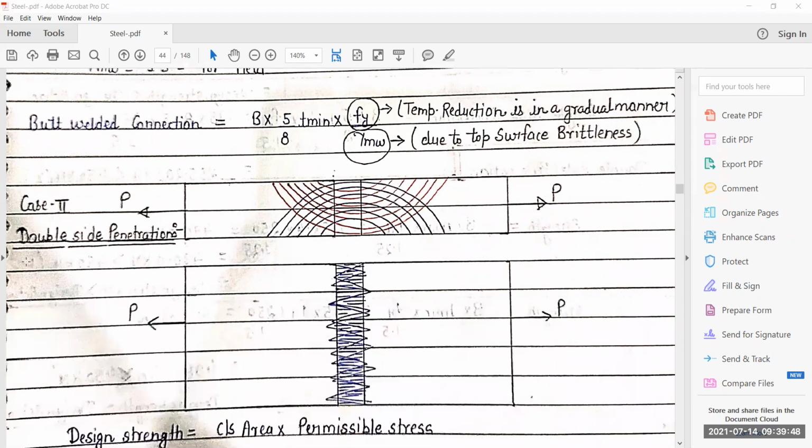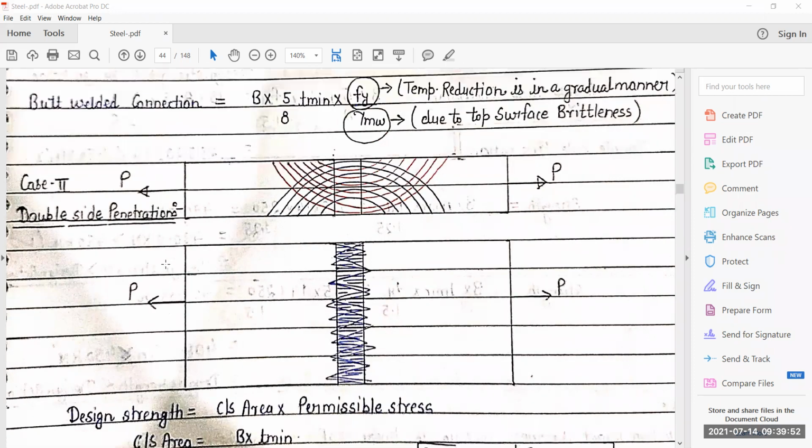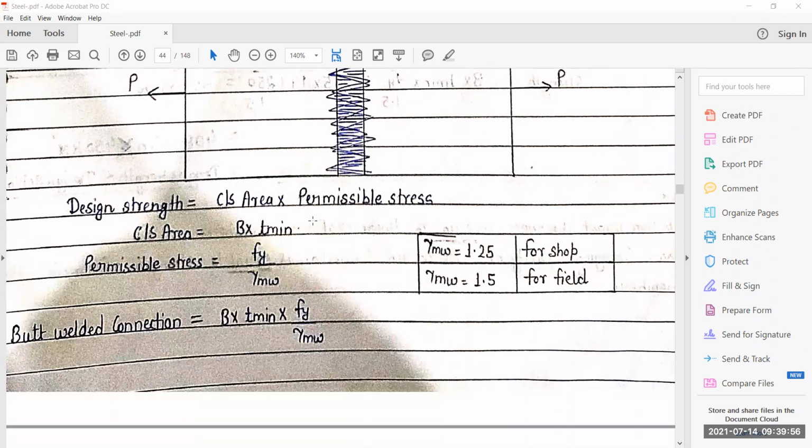Case 2: double side penetration. The design strength is cross section area into permissible stress, where the cross section area equals B into T minimum. Then the permissible stress is equal to Fy upon gamma mw, where gamma mw is 1.25 for the shop and 1.5 for the field.